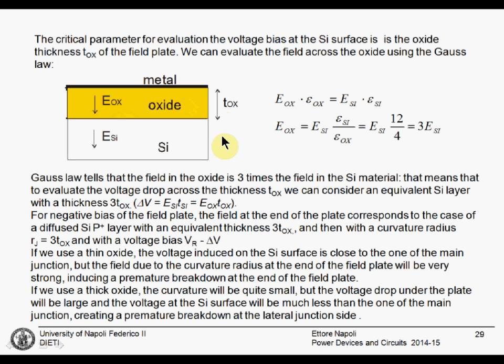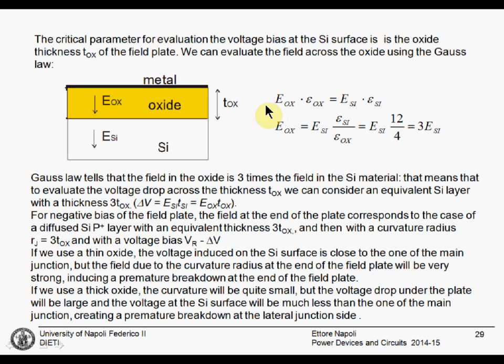The thickness is the thickness of the oxide, and the dielectric constant is different from the silicon. And we know that this law holds at the boundary. We can then write that the electric field in the oxide is proportional to the electric field in the silicon multiplied by the ratio between the silicon dielectric constant and the oxide dielectric constant. That is more or less 12 divided by 4, that is more or less 3.